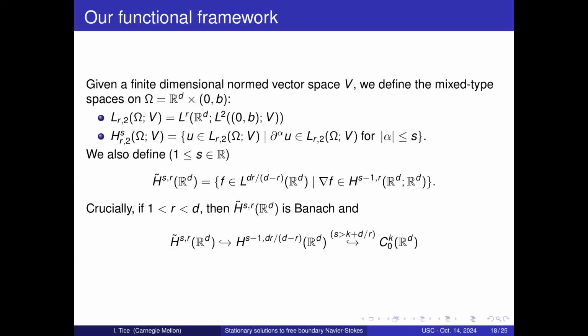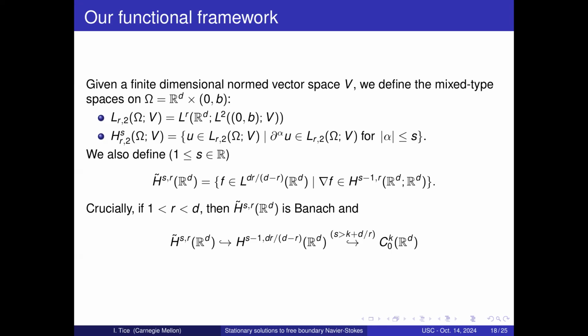Now, once you have identified this basic Lebesgue space, you can define a Sobolev space tuned to this. We define H^S of this to be the set of things that are in L^{R,2} for which the derivatives up to order S live in the same space as well. So basically, we're imposing LR type integrability for these derivatives in the horizontal direction, but L2 integrability in the vertical direction.